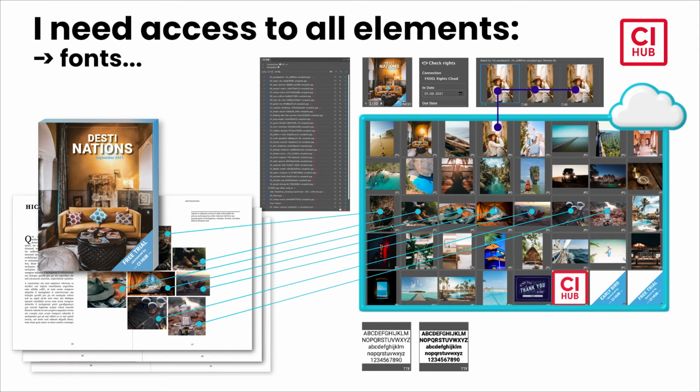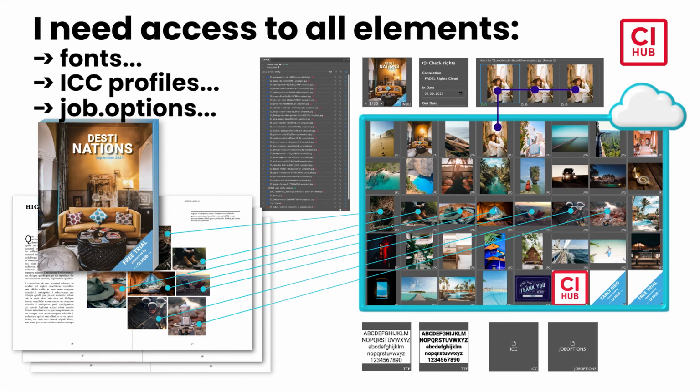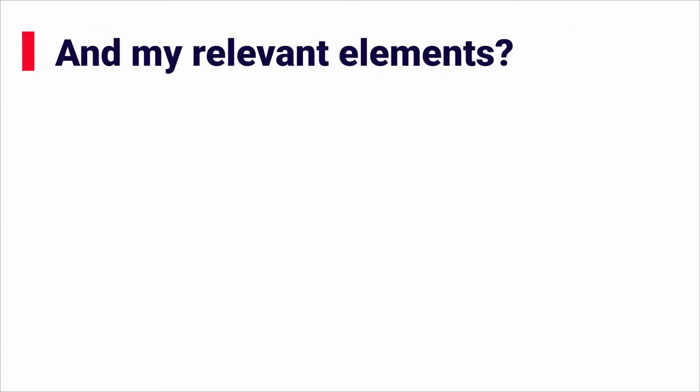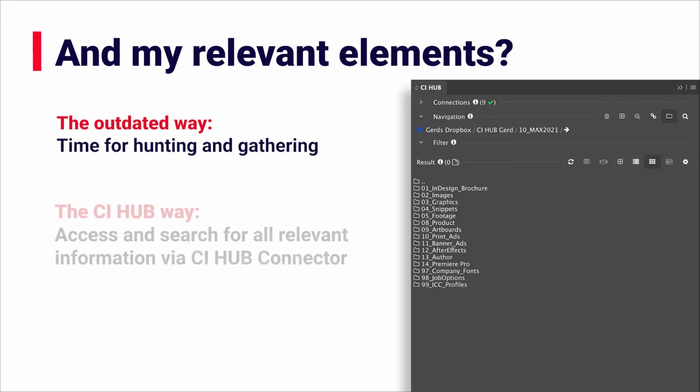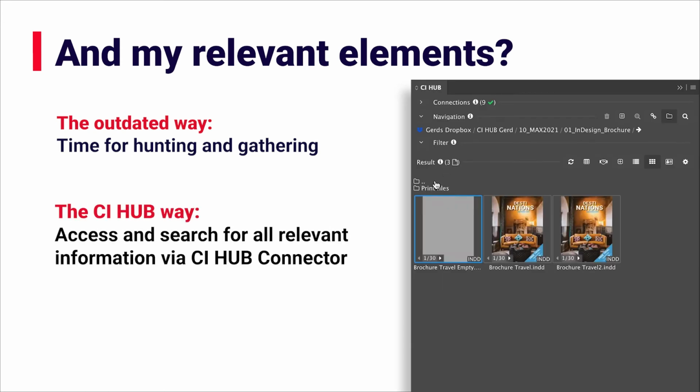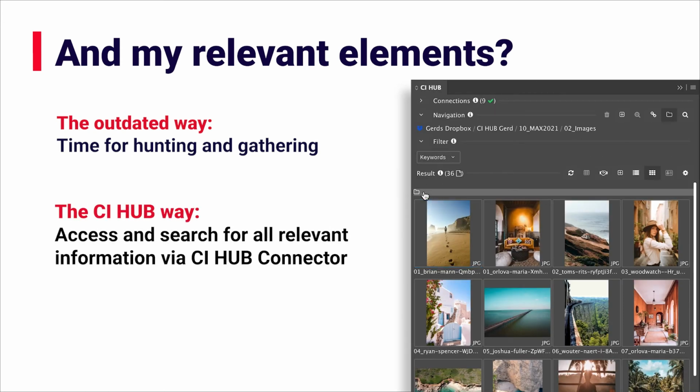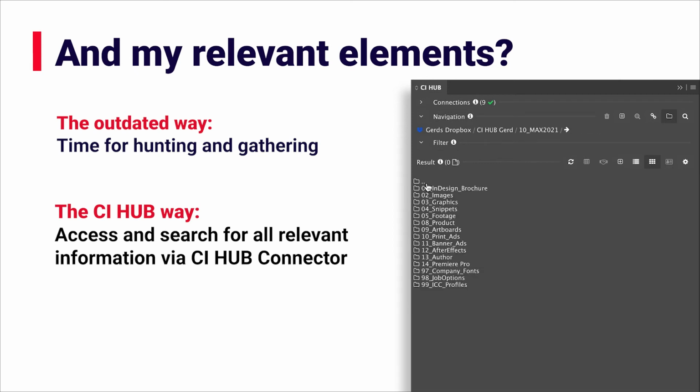And in addition, I need access to all the other elements like fonts, ICC profiles, and job options. So these are all relevant elements, and the outdated way would be phone your colleague, searching, hunting, gathering elements.